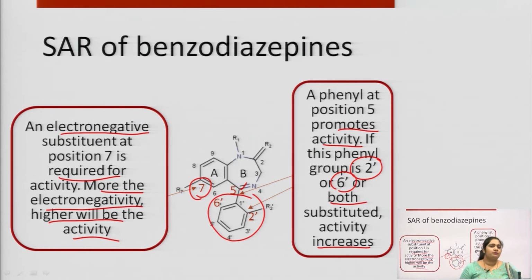So, when we substitute this benzene substituent at position 2 dash and 6 dash, that will lead to more active CNS depressants.